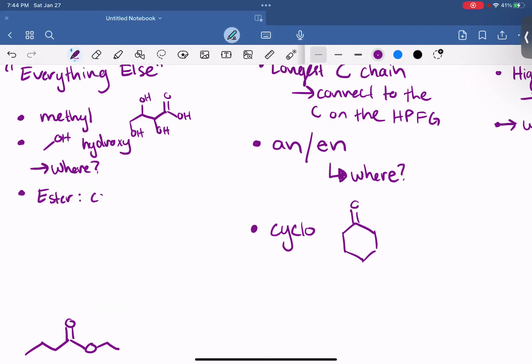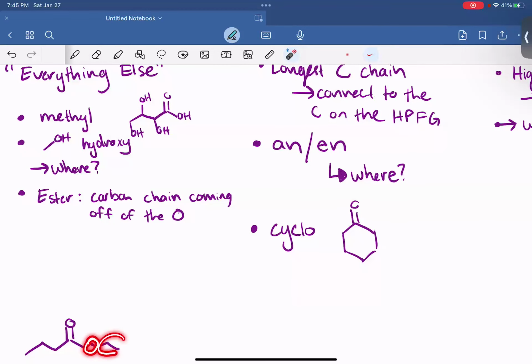then the carbon chain coming off of the oxygen, so this oxygen and the carbon chain coming off of it, will be named as its own word.